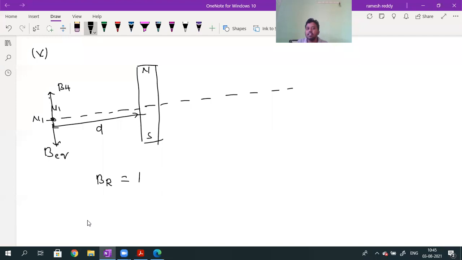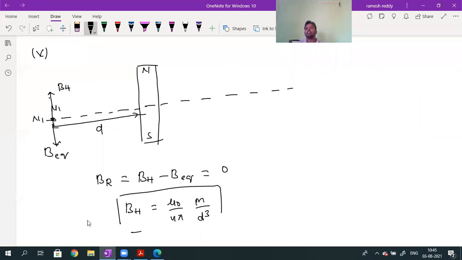BR is the resultant of BH minus B equatorial, which will be equal to 0. So BH will be equal to B equatorial. B equatorial is mu naught divided by 4 pi into M divided by d cubed, where M is the capital M. Can I write this? This is the condition for the null point.